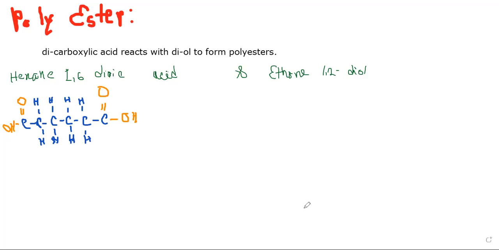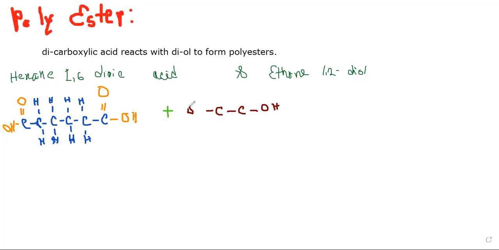Okay, now let us draw ethane 1,2-diol, the other reactant. For ethane, we have to take 2 carbons, so at first we are drawing 2 carbons, 1 and 2. Now we have to draw the functional unit of the diol. As alcohol, we have OH as the functional unit. So we are drawing OH, two functional units, as it is di.